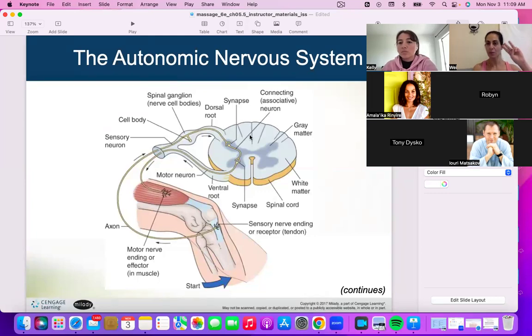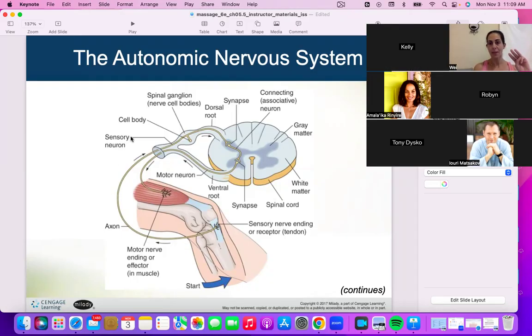Remember the three types of neurons that we have? One is sensory, which is afferent, going up. One is motor, coming down. And one is the interneuron, which is connection or communication that's happening, like your third person between the sensory and the motor.